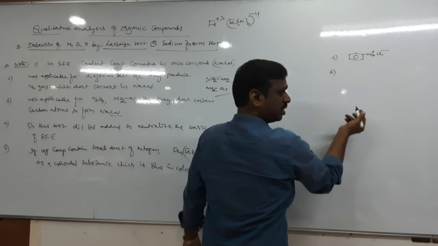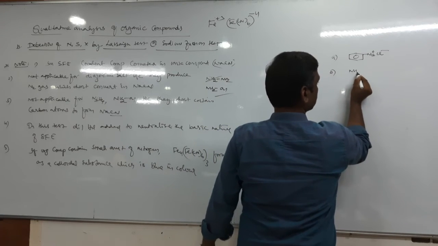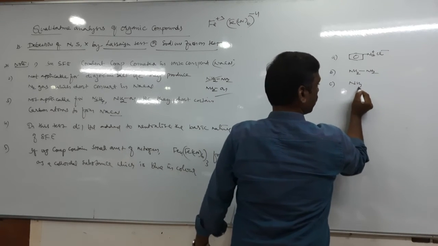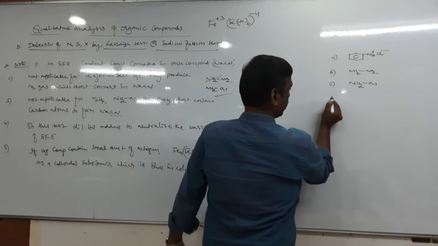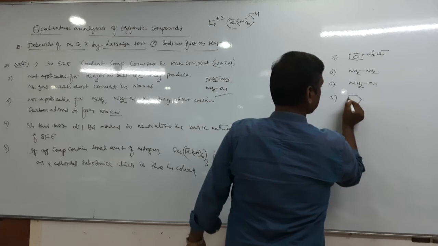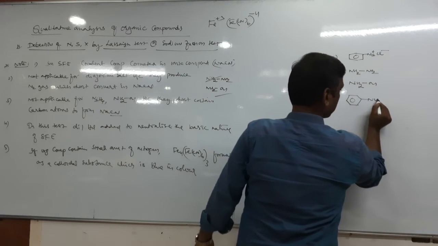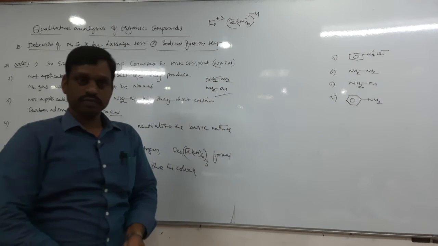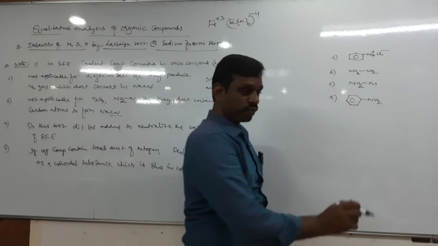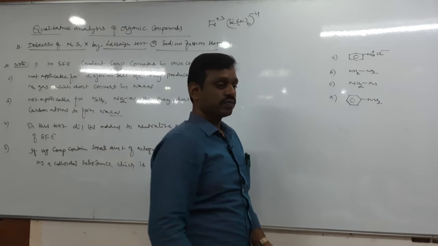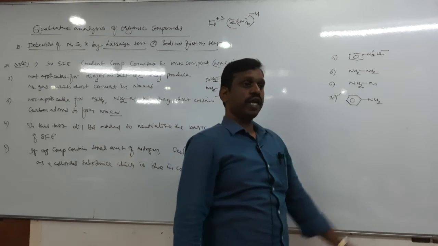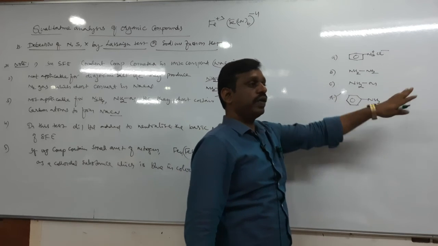BDC, benzene diazonium chloride. 2. Hydrazine. 3. Hydroxylamine. 4. Aniline. Which can be detected? Aniline. So aniline nitrogen can be detected but not the remaining compounds.